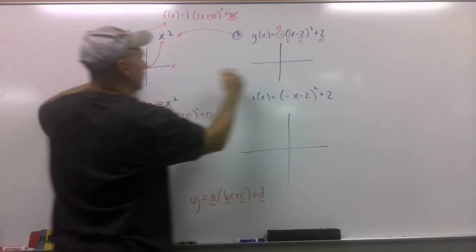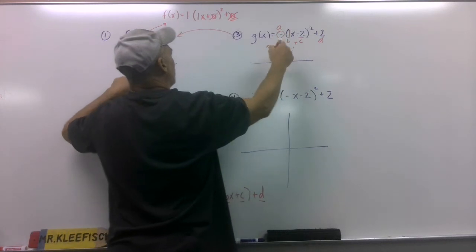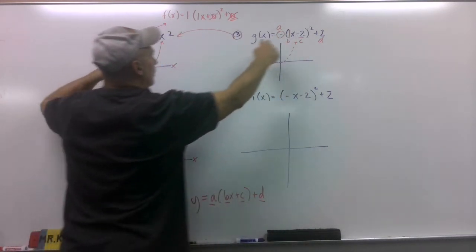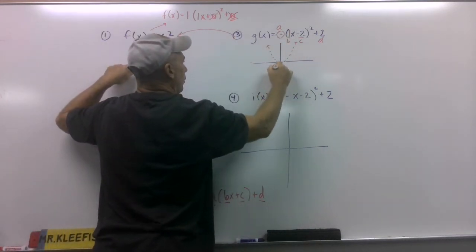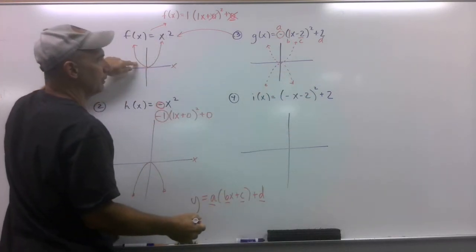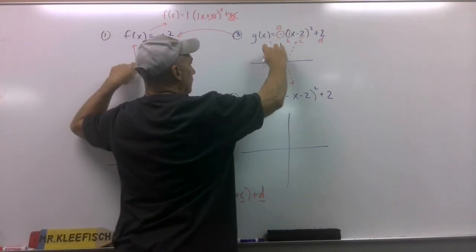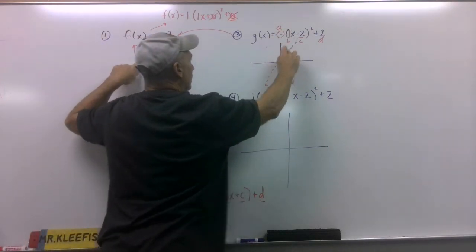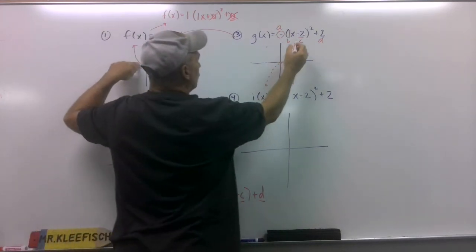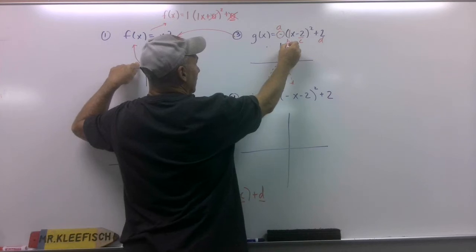So I'm going to start there, because all the adjustments are going to be made to this. What does this do? Flips it over the x. Okay, step 1. Now the reason I'm continually making this dotted is I'm not done yet. So there's step 1. Step 2, there is no reflection over the y-axis because B is not negative.